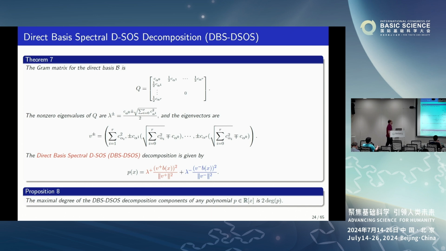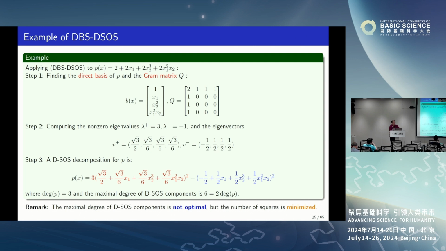But it's very easy to have such a decomposition. For example, in optimization, if the degree is not too high, this kind of polynomial can be easily solved in practice, and this provides you some intrinsic algorithm. Okay, so this is the first one.